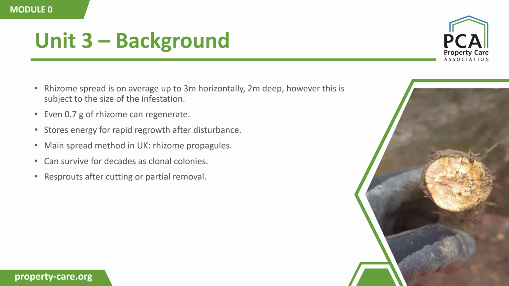Because knotweed spread in the UK happens through rhizome propagules, this underground network is the real target for long-term control. Knotweed stands can survive for decades, resprouting year after year unless the rhizomes are completely destroyed through effective treatment or removal.